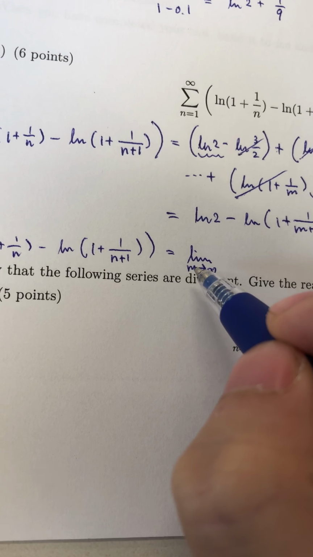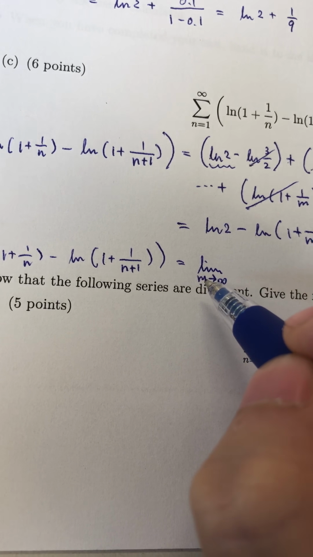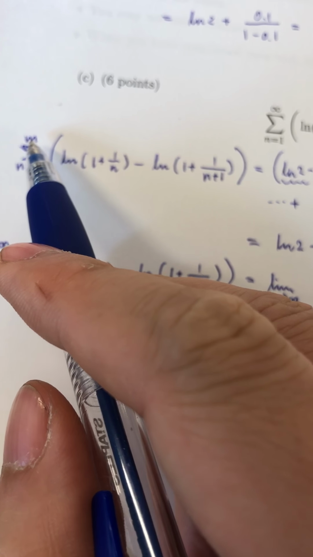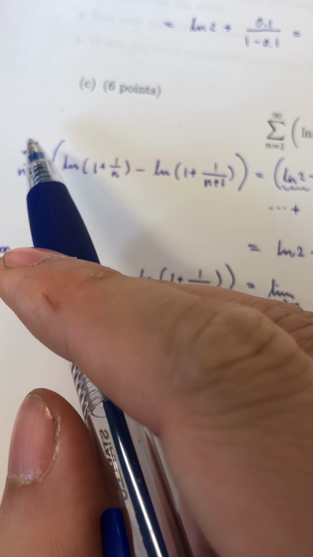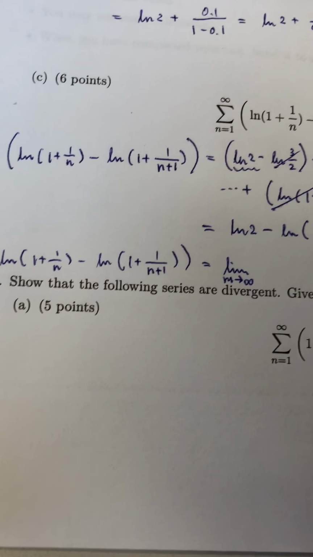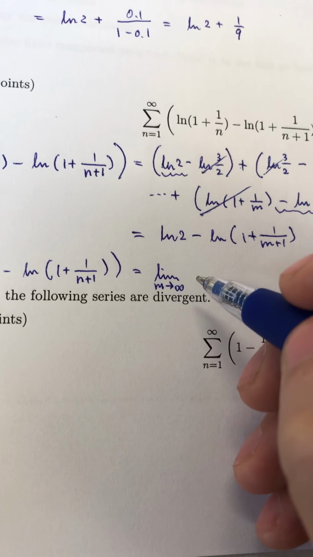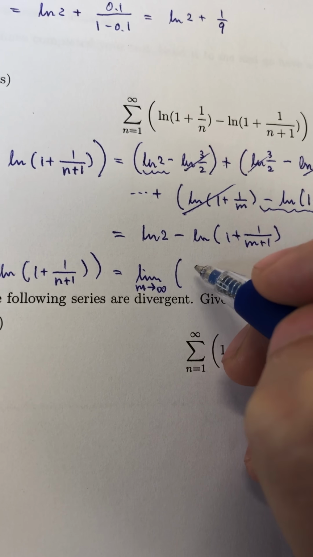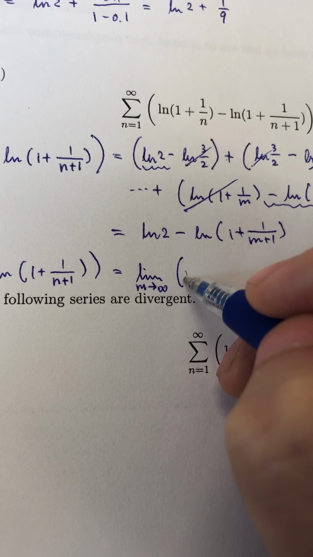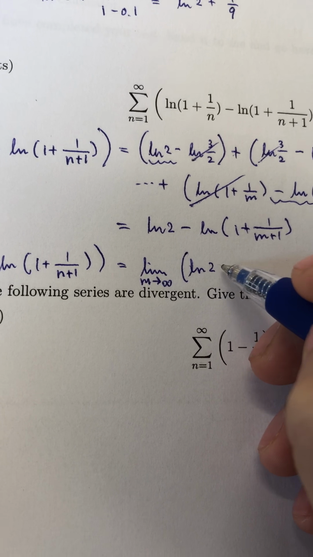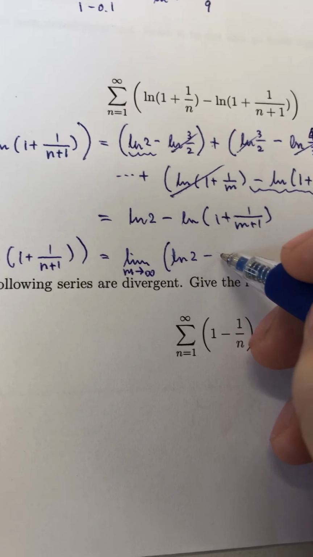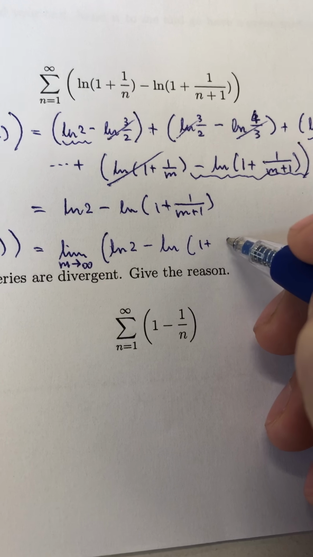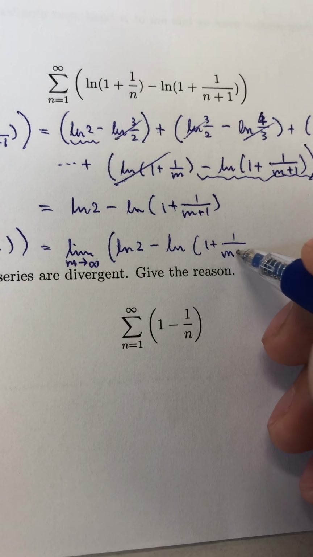Be careful, we're taking the limit when m is going to infinity. m is the upper bound of the index here. The limit of the partial sum, which is log 2 minus log of 1 plus 1 over m plus 1.